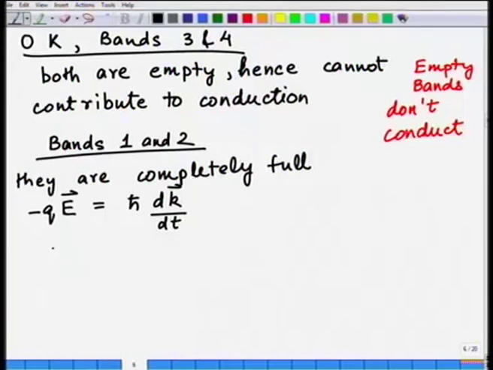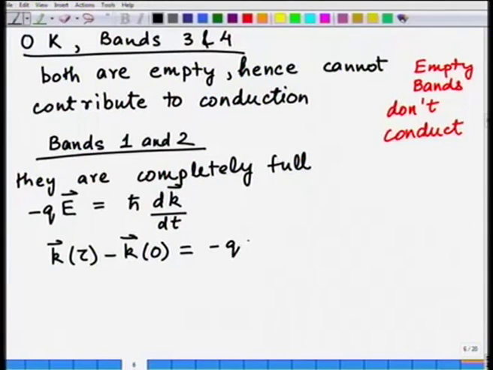So the k state at some time tau should be equal to what the state initially was at 0 time. If I apply an electric field, in that case k(tau) should be equal to k(0) plus some quantity, minus qE by ħ into tau.